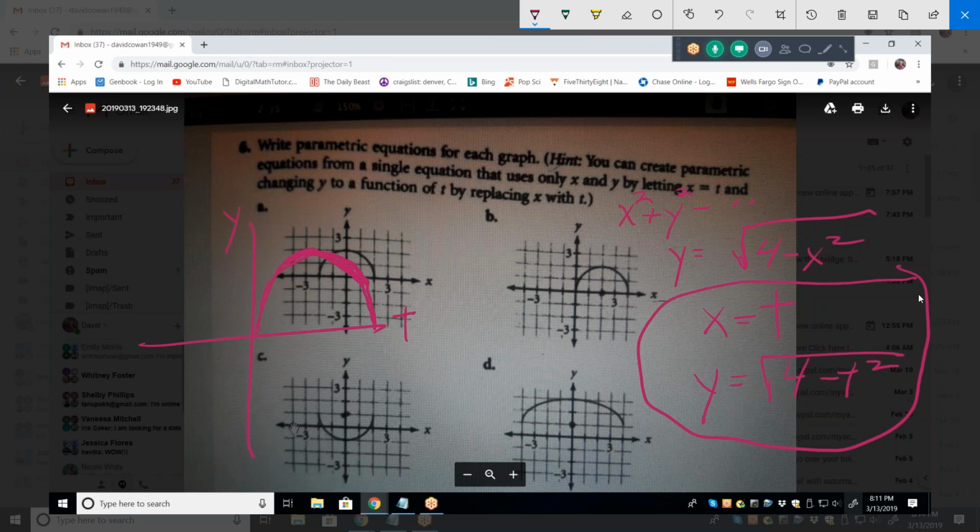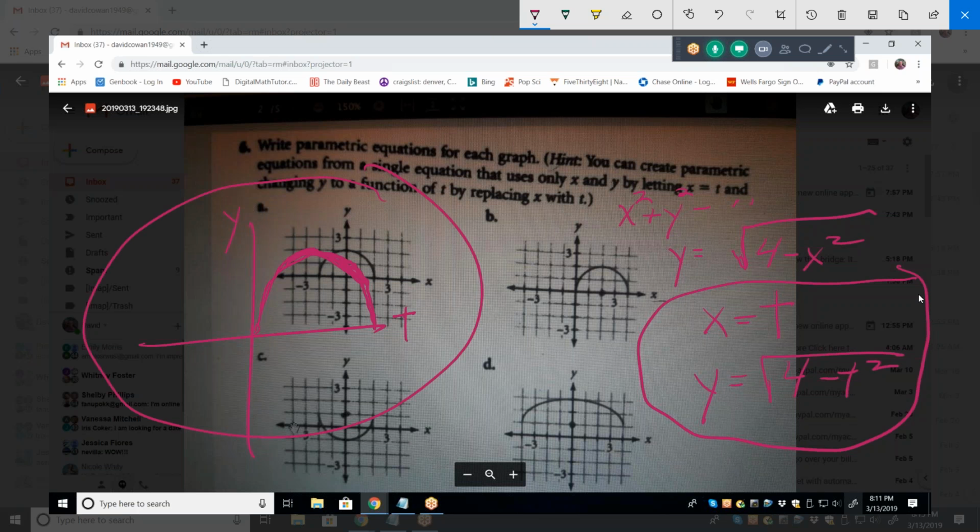As I said, if I'm using just x and y, it just looks like a vertical line. I can't see what's going on. But if I can express y as a function of t, now I can see what's happening to that stone, its height, based on time.